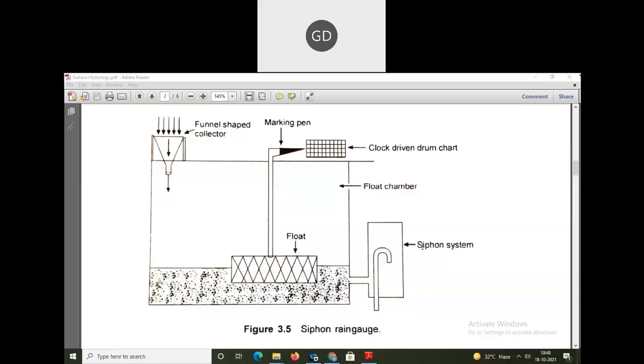The meaning of siphon is basically to remove the liquid from a container, through a tube. So the liquid is removed, and the fluid comes back to its original position. Then again the rainfall is collected, the float rises, and the marking pen records the rainfall on the rotating drum. In this way, this mechanism works.